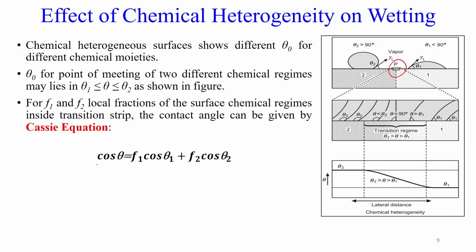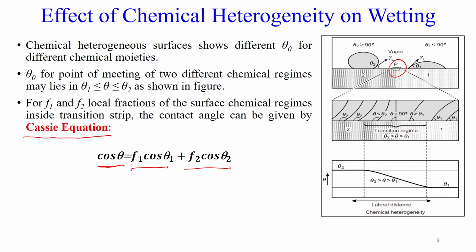So, you can say cos theta will be f 1 cos theta 1 plus f 2 cos theta 2, and this is known as the Cassie equation. So, the equation says the total surface energy is simply the sum of its constituents, f 1 the fraction of 1 here, and f 2 the fraction of 2.